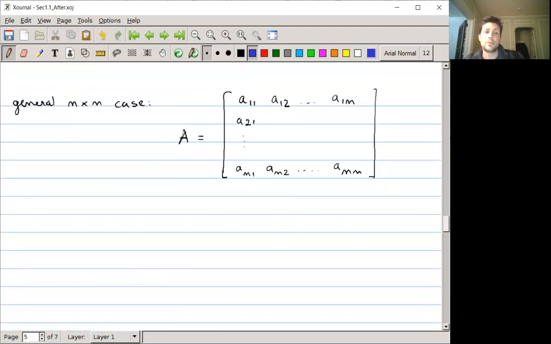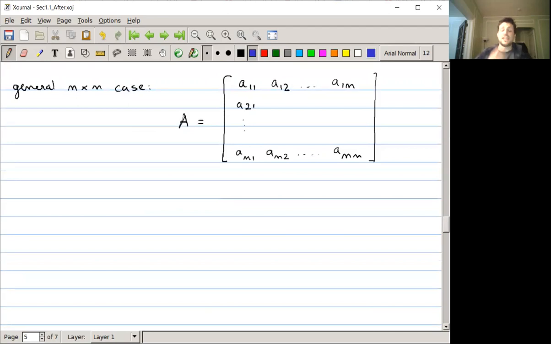Okay, now we're ready for the general case. If I give you a general matrix like this, then how will its transpose look? Well, its transpose will have entries with the roles swapped. So the first row of A will become the first column of its transpose.